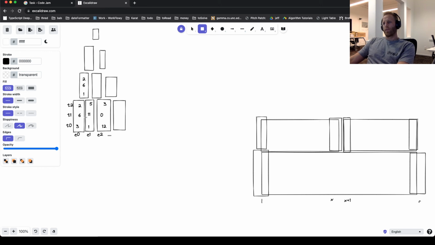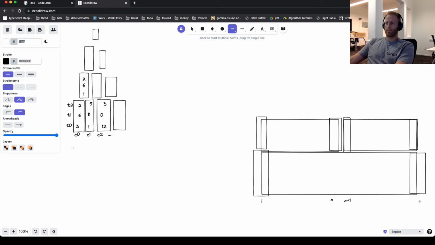Each time we just recalculate: for each test case, we'll scan these in, and then we'll rebuild these above. So this will be a matrix of multisets, I guess. So we'll have I and J like that.